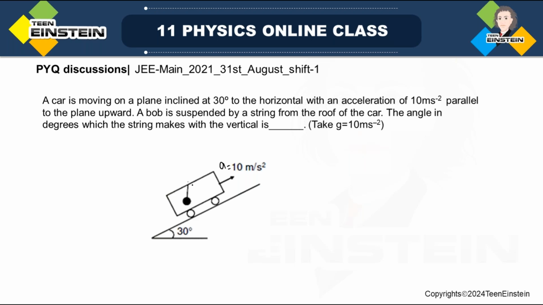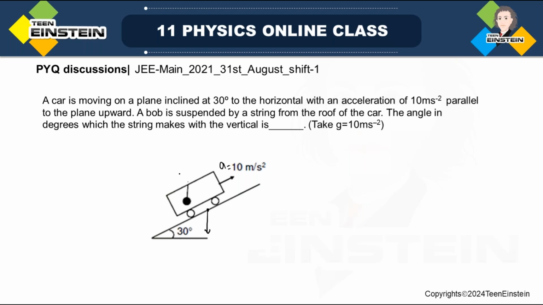So while it moves, in the inclined plane, first of all, the g will actually act vertically downward like this.